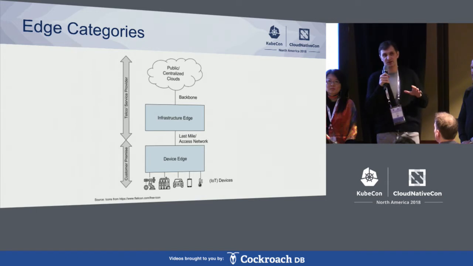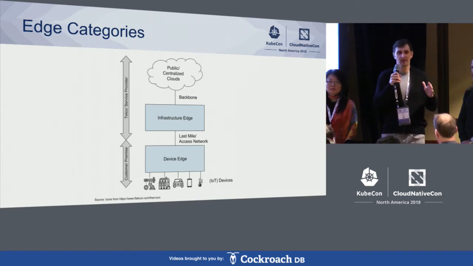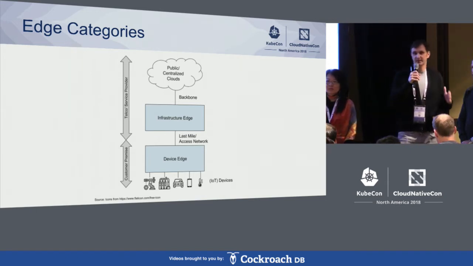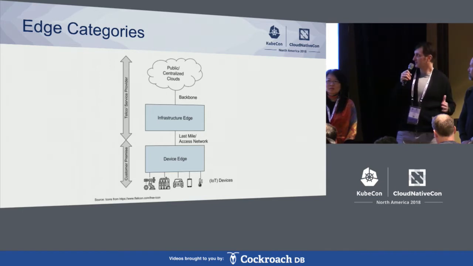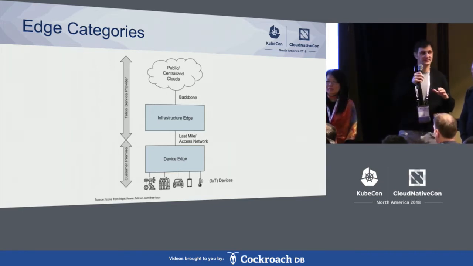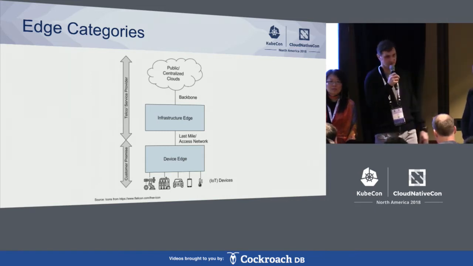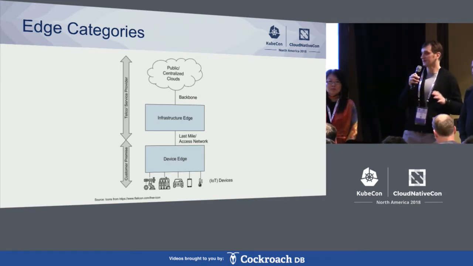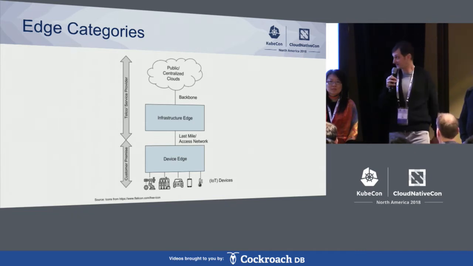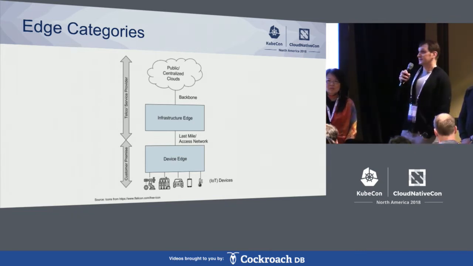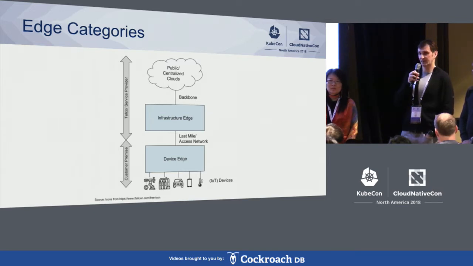For example, infrastructure edge usually has a really reliable network and more resources, whereas in the device edge area you usually see the constraints that Steve was mentioning: smaller resources and more bandwidth constraints in terms of network connectivity with the cloud.